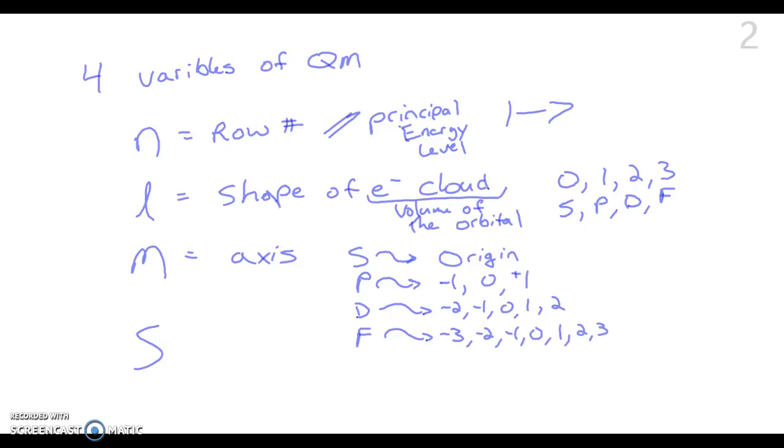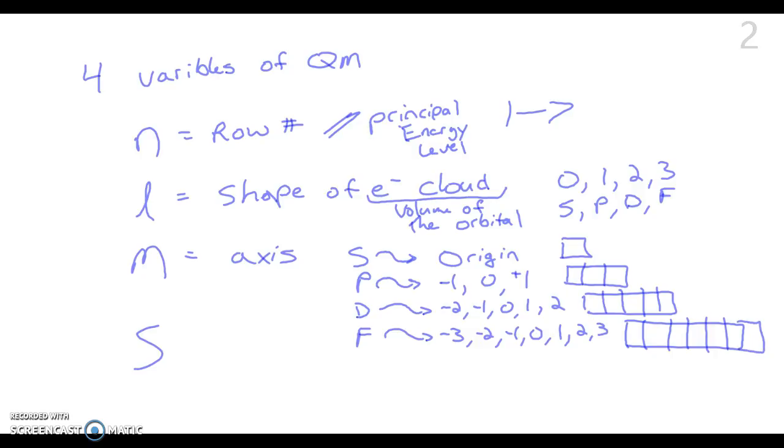Notice we have one location here at the origin, 3 locations here for p, 5 locations here for d, and then 7 locations here for f. And by locations I'm referring to each value.